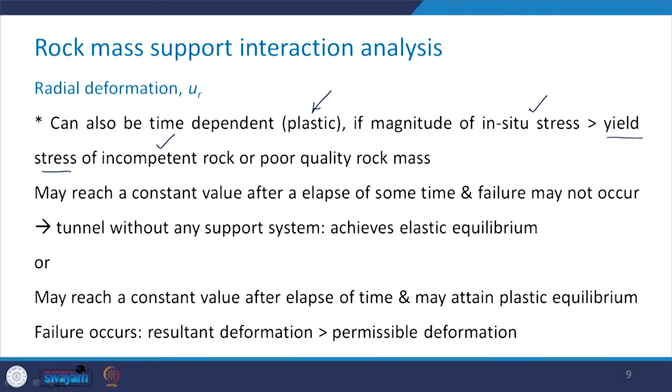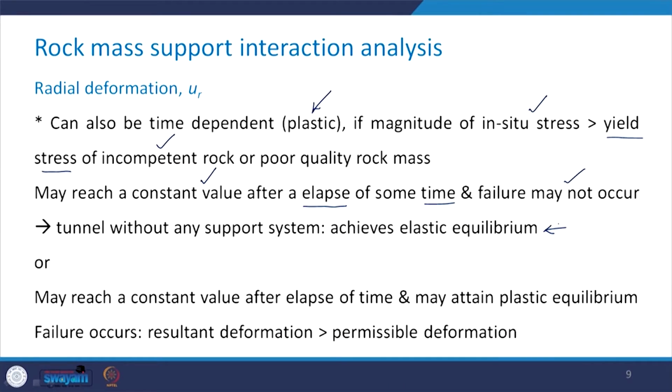This value of the radial deformation may reach a constant value after an elapse of some time, and failure may not occur. This is again a plastic value, but still failure may not occur.